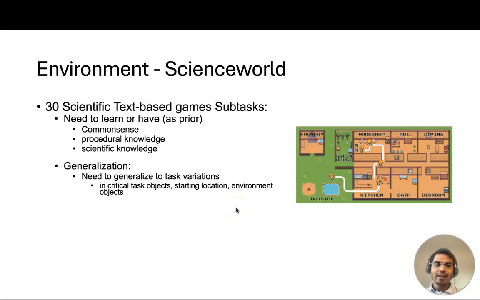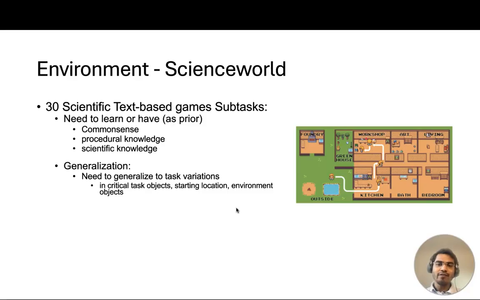We train and evaluate our language guided exploration framework on the ScienceWorld suite of environments. It consists of 30 scientific text-based games, where each of the games requires the agents to either learn or have as a prior common sense knowledge, procedural knowledge, and scientific knowledge. Also, the goal is to generalize to unseen variations.